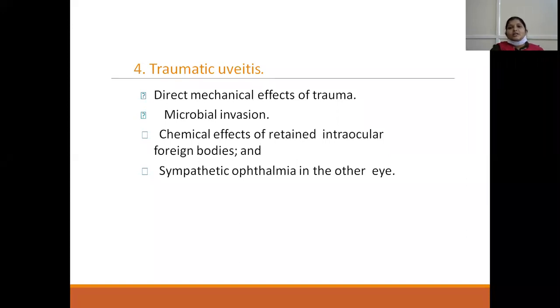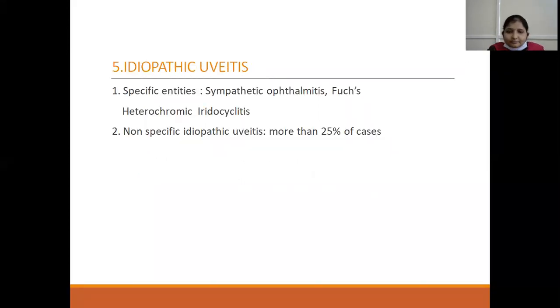That is, either direct microbial invasion into the eye, or presence of a retained intraocular foreign body, or any intraocular hemorrhage. So this long-standing intraocular hemorrhage can also act as a foreign body leading to uveitis. And the other major uveitis related to trauma is sympathetic ophthalmitis.